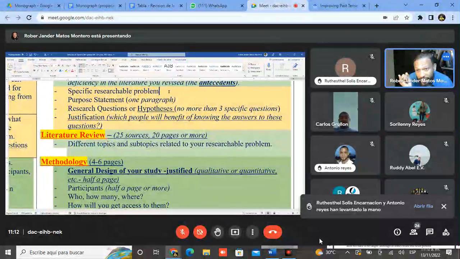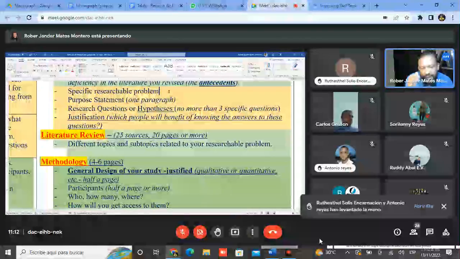How many people can you find? Many. So unlike questionnaires and quantitative research studies, here the purpose of a qualitative study is to understand the problem better.